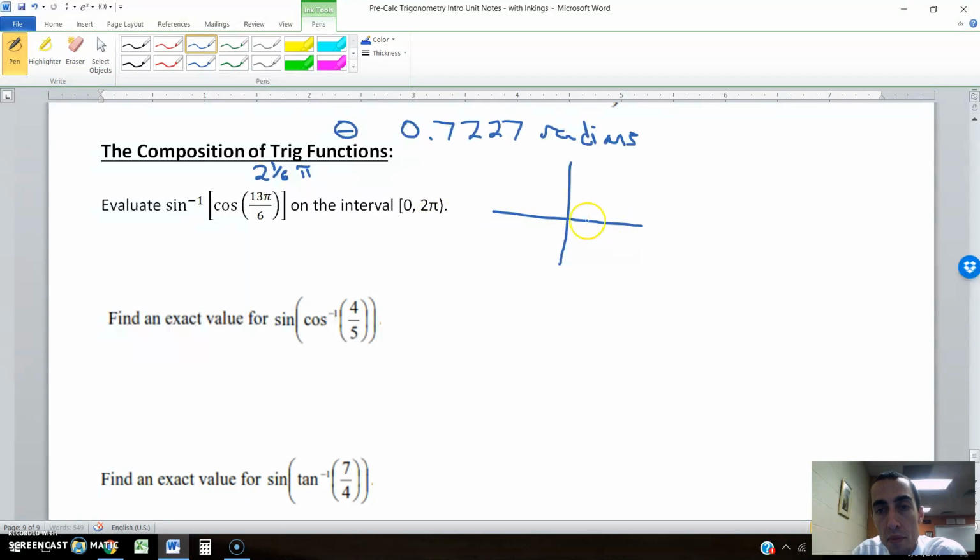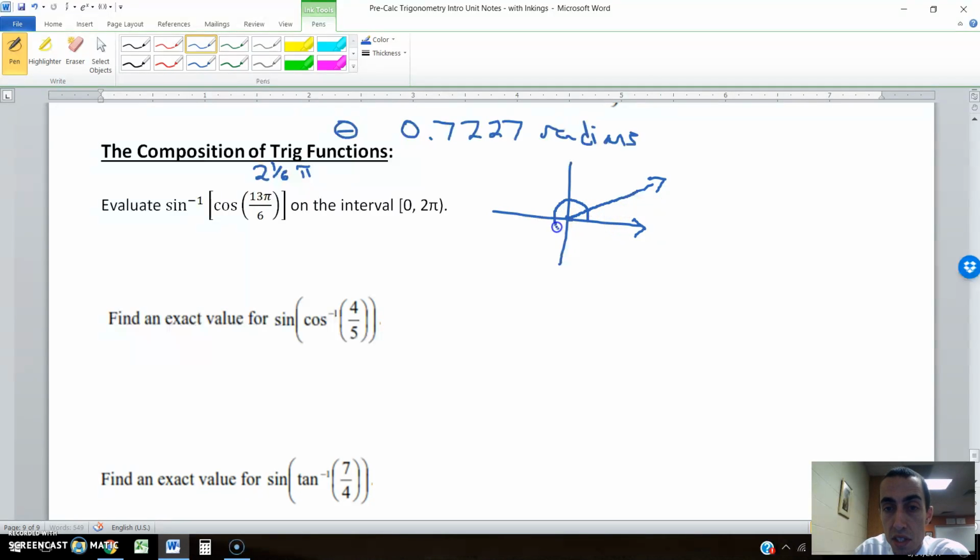We would go starting, of course, at our initial side in standard position. We would go 90 degrees, 180 degrees, which is pi radians, and 270, 360, which is 2 pi radians. And then we need to go another 6th pi, or pi over 6, past.